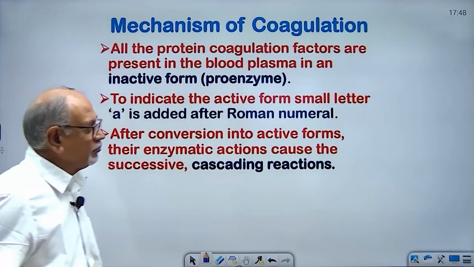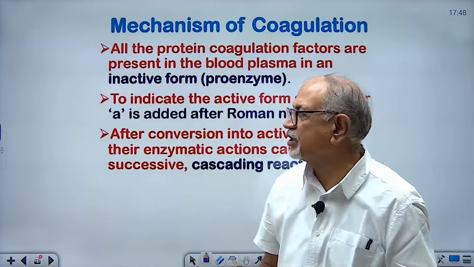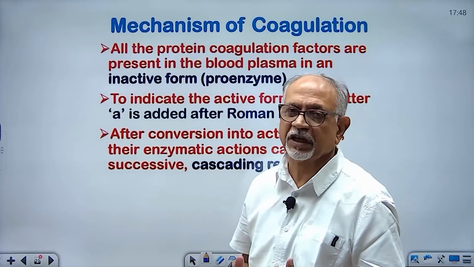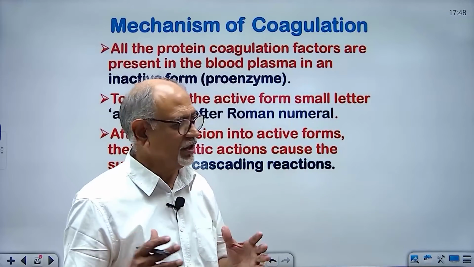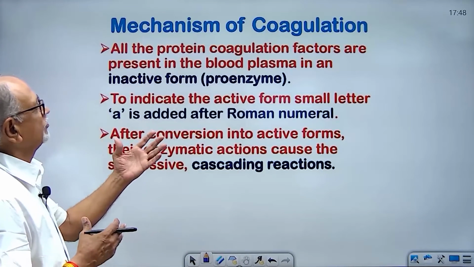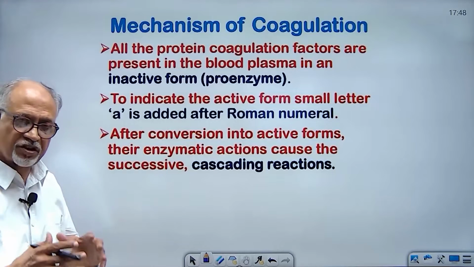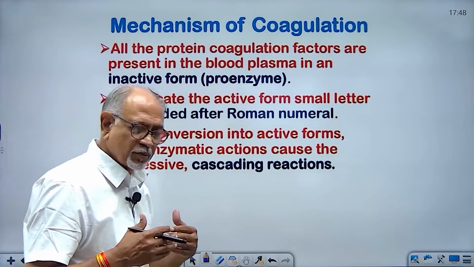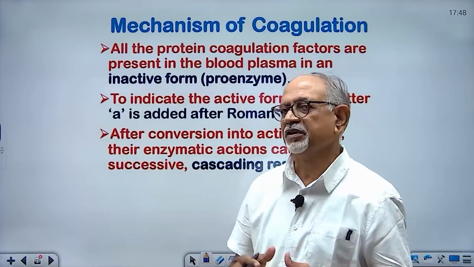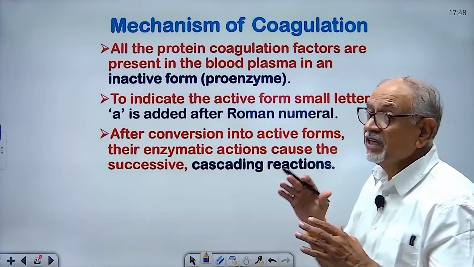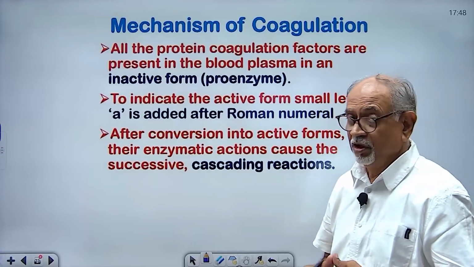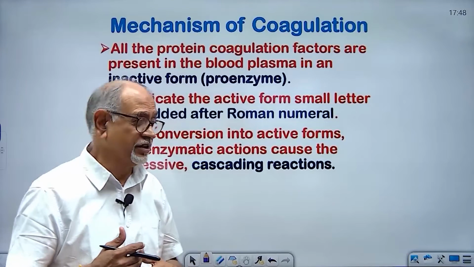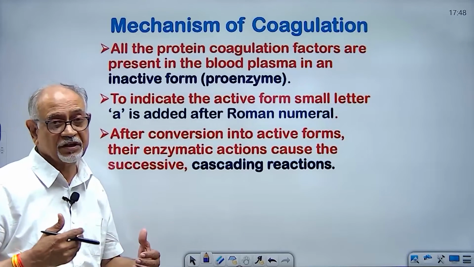Now, the mechanism of blood coagulation. As I stated earlier, the enzymes and factors which are responsible for coagulation are present in the blood plasma itself. They are present in an inactive form, and only when they are activated do they perform their action.